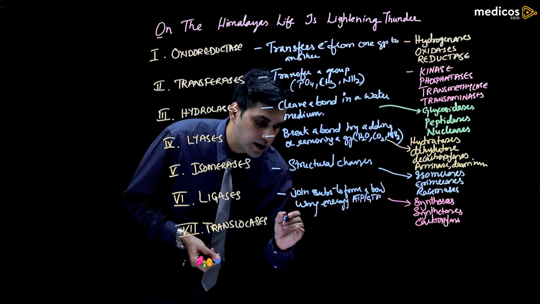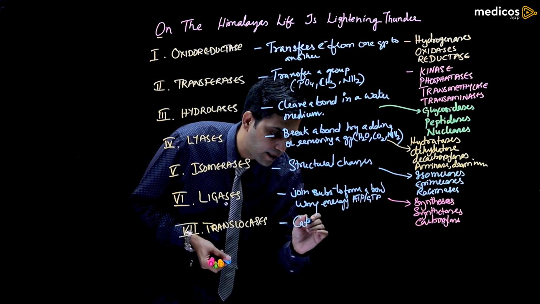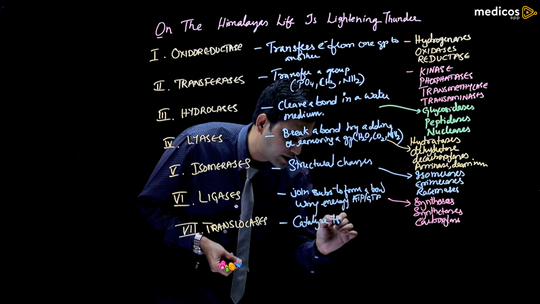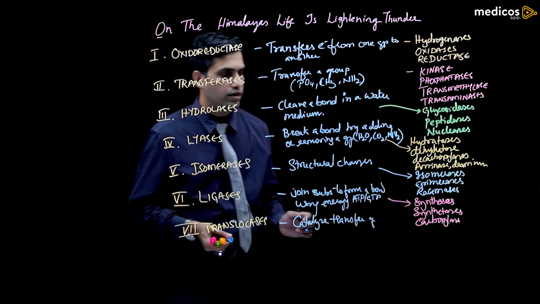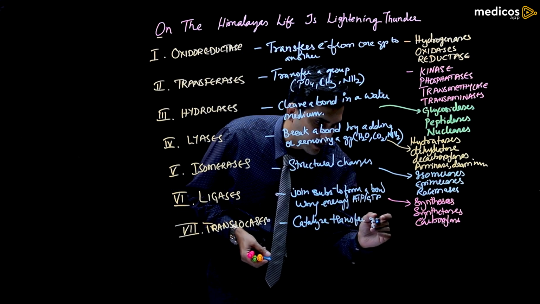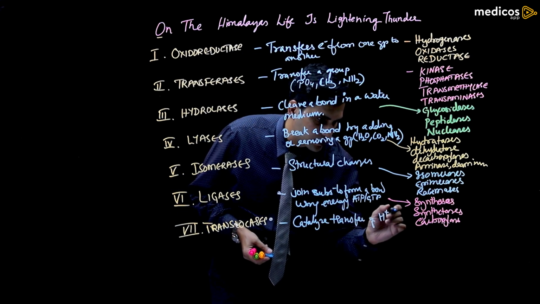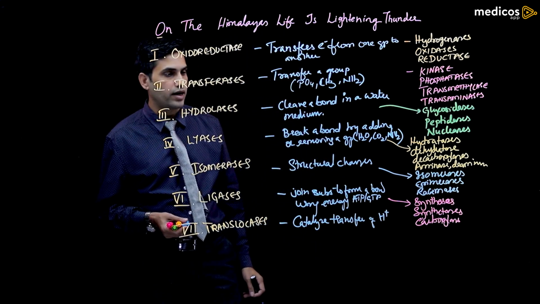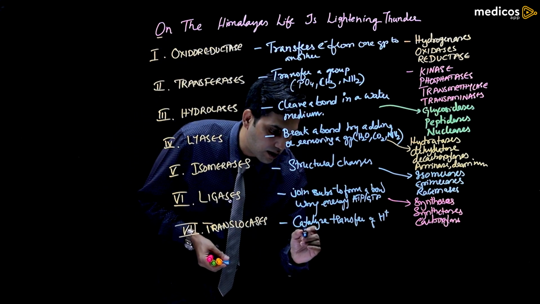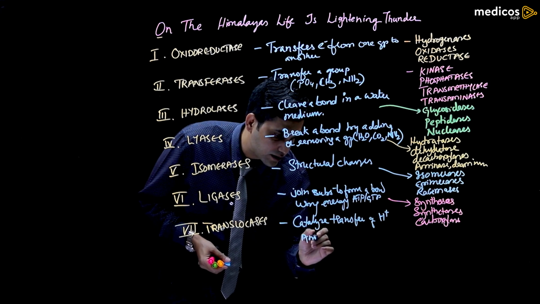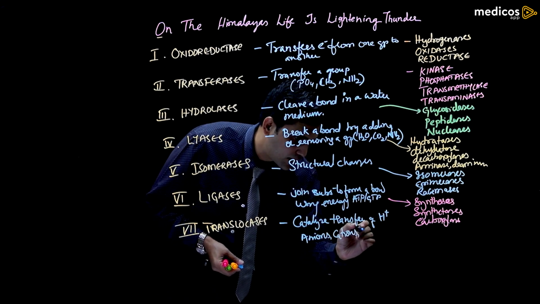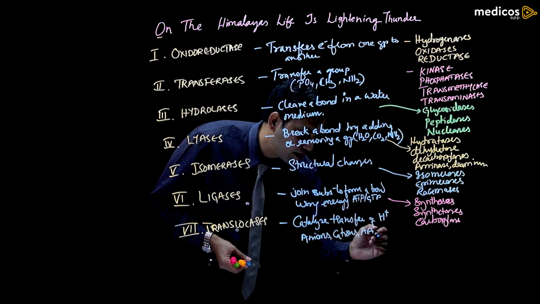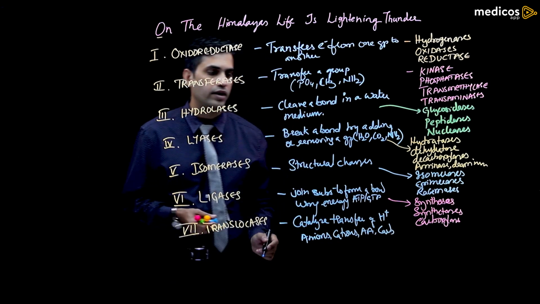Translocases catalyze transfer of substrates, transfer of groups like hydrogen ions or inorganic anions, cations, amino acids, then carbohydrates and their derivatives.